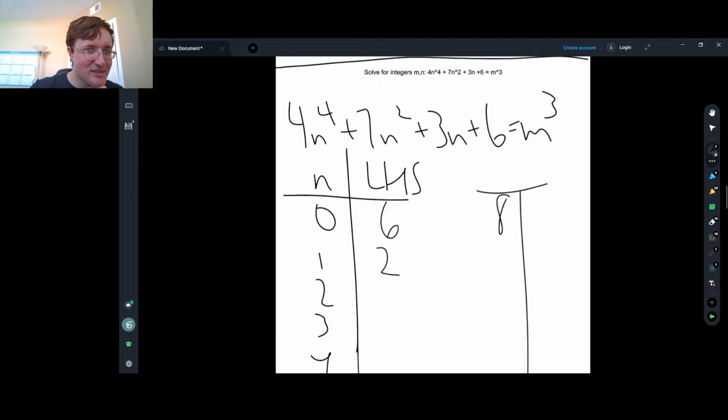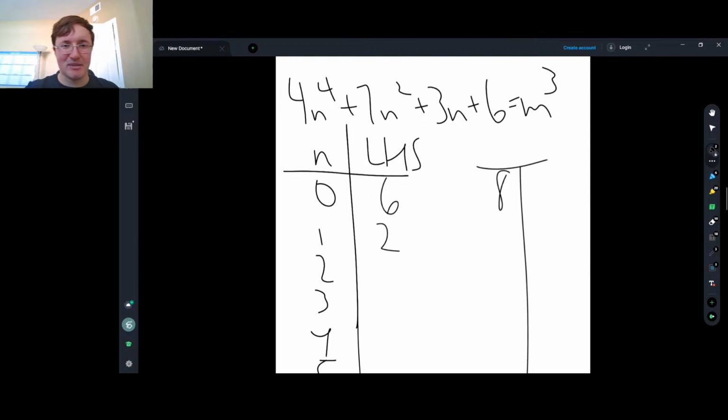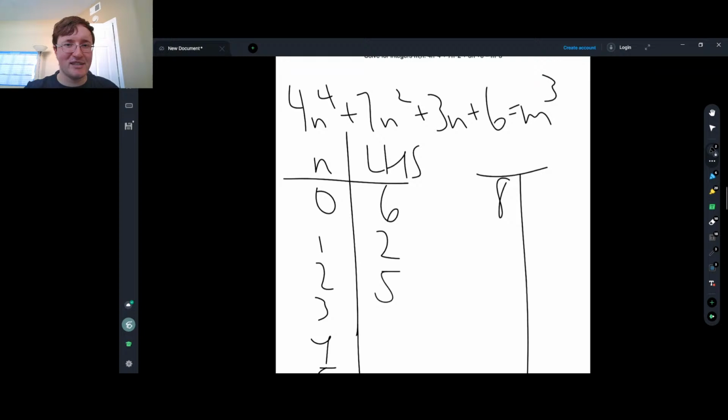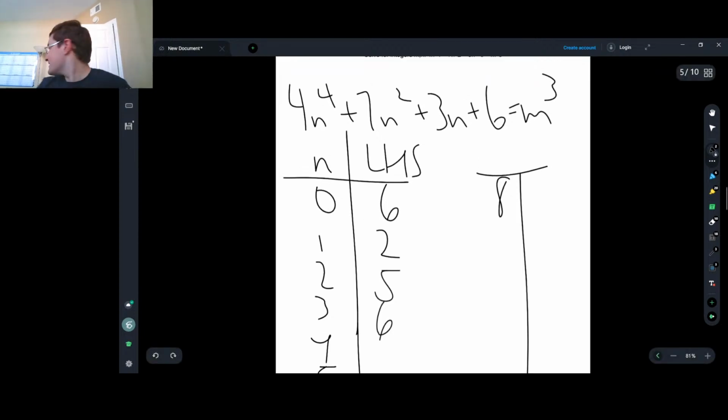Plus 7 times 28, that's a 1. Plus 2 plus a multiple of 3. Well, 2 plus 12, which is 14. Okay, that's 5. That doesn't work. If I plug in 3, I'm in trouble because the first 3 terms are divisible by 3. And the last one isn't.